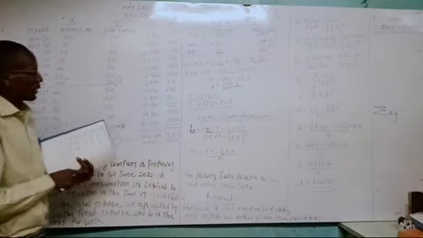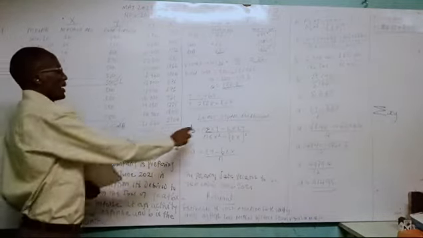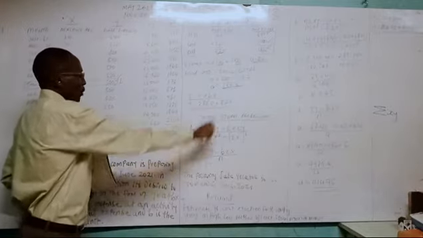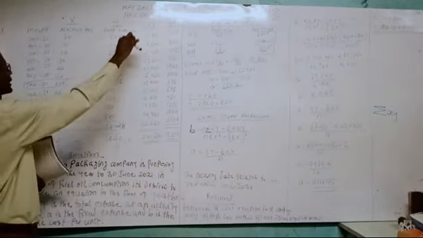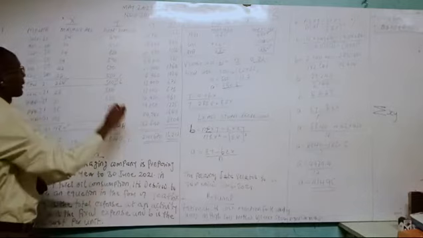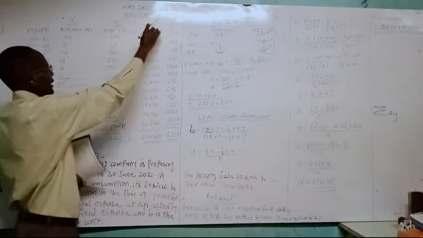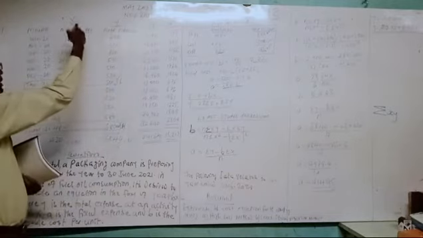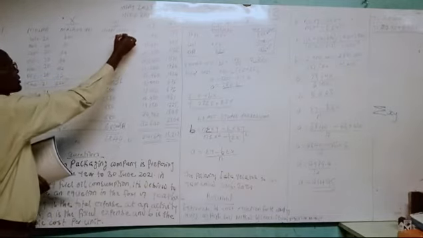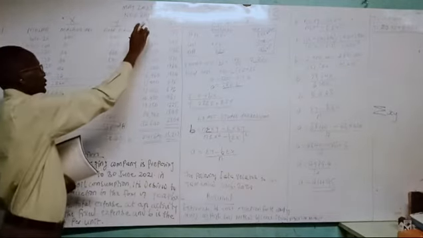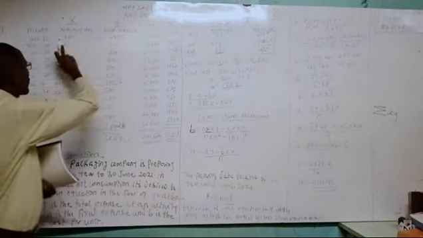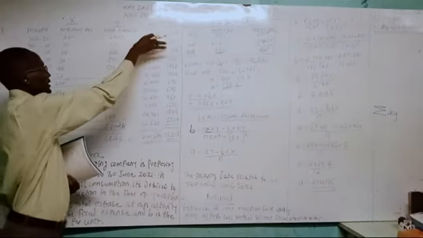Now, we need the summation of xy, meaning you get a new column here whereby you multiply the values of x and y to get xy. For example, the first one was 34 times 640, you get 21,760. 30 times 620, 18,600.